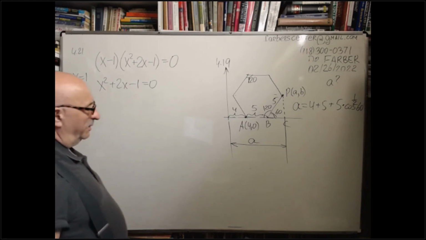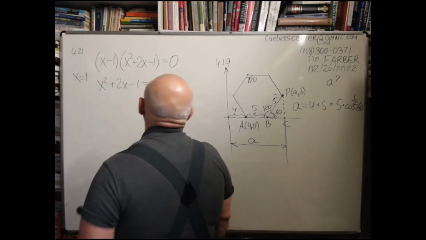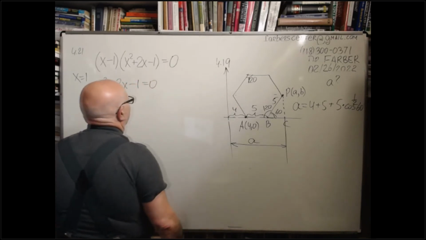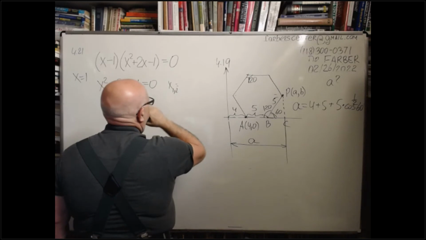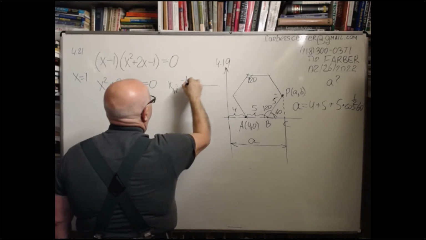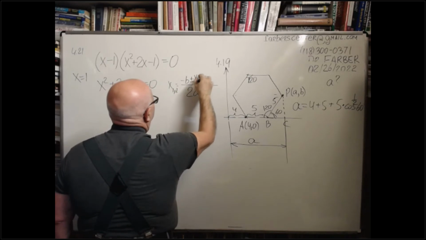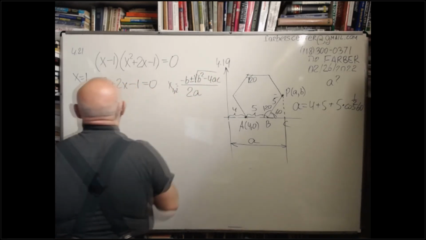To solve it, since I don't see an integer solution, we use the quadratic formula. x1,2 equals minus b plus or minus square root of b squared minus 4ac over 2a. Remember? Just plug in everything we have.